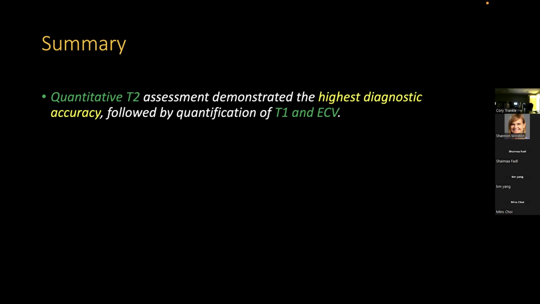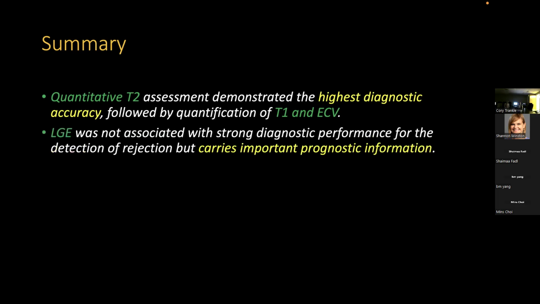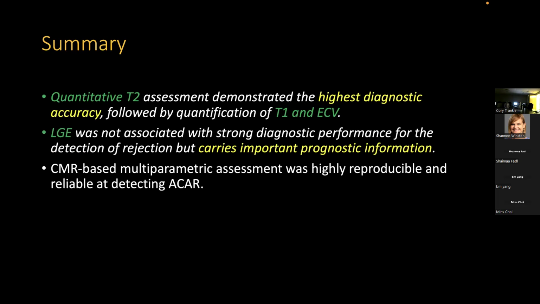Particularly, the multi-parametric use is helpful in those patients. LGE was not associated with strong diagnostic performance for detection of rejection, but carries important prognostic information. The multi-parametric assessment is highly reproducible and reliable in detecting acute cellular rejection.